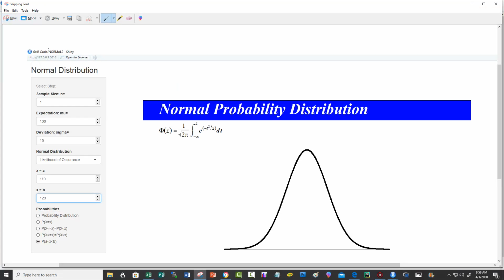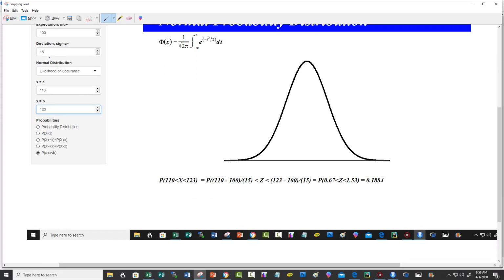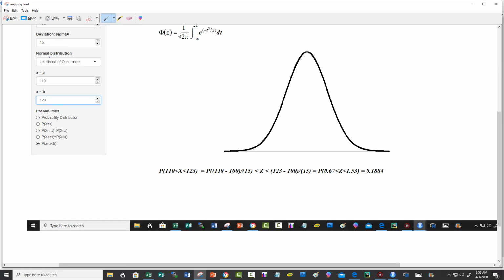Okay, so when you're given a z-score, I'll draw it on the picture. We are given that the center is 100, that it deviated 15, and we wanted to go from 110 to 123. So to standardize this, we take your data.